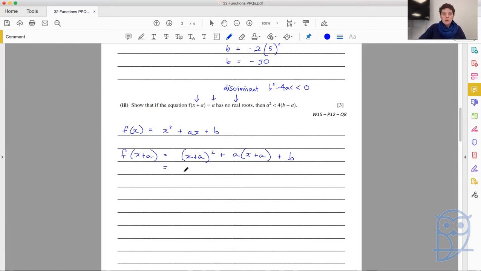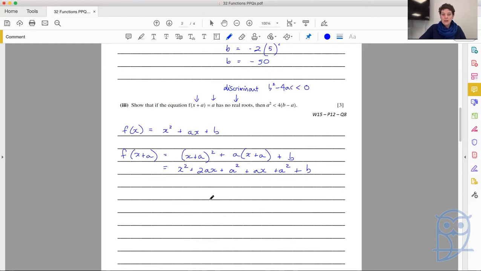So, (x plus a) all squared: x squared plus 2ax plus a squared, plus ax plus a squared, plus b, not forgetting him at the end.